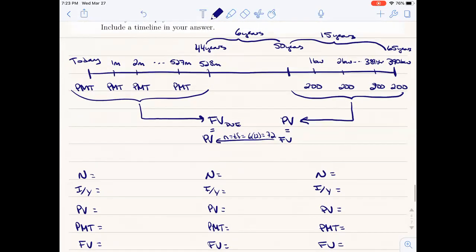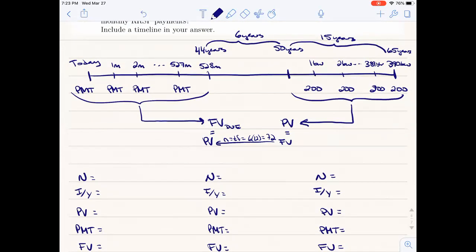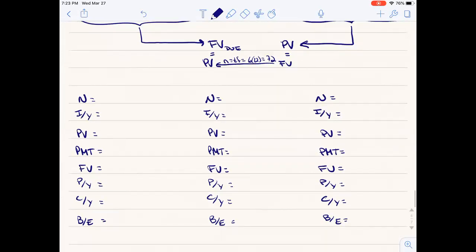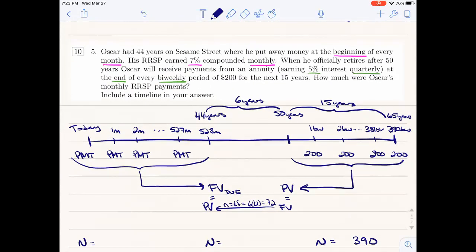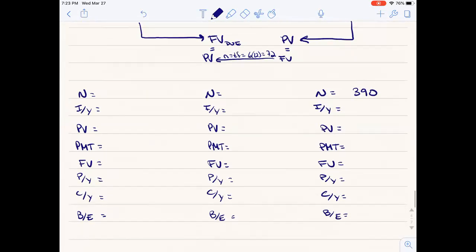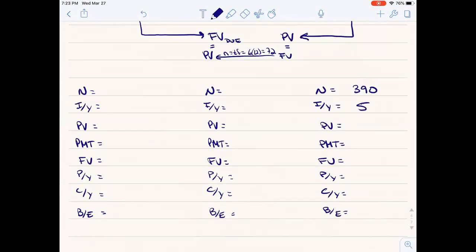All right, so let's fill in these values. For this first one, we've got N is 390, and this is the one where we have 5% compounded quarterly. Just to keep these straight, I'm going to fill in 5% compounded quarterly.